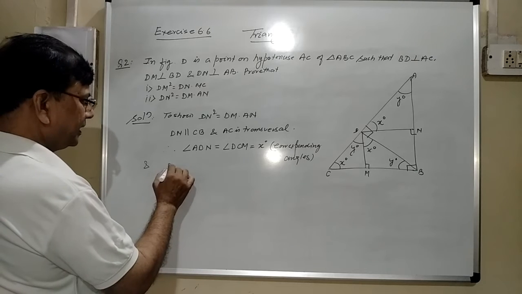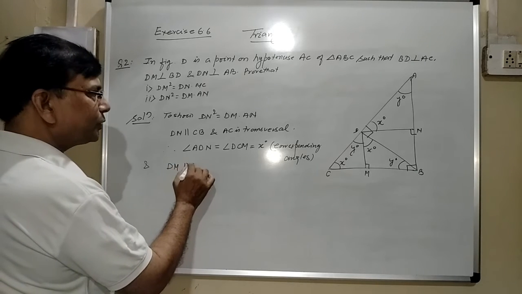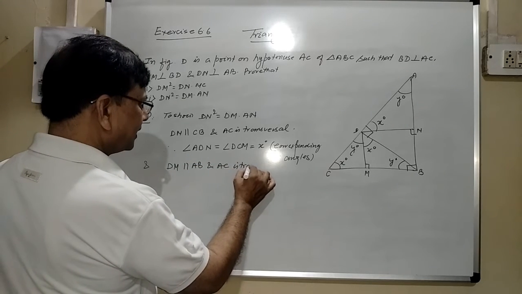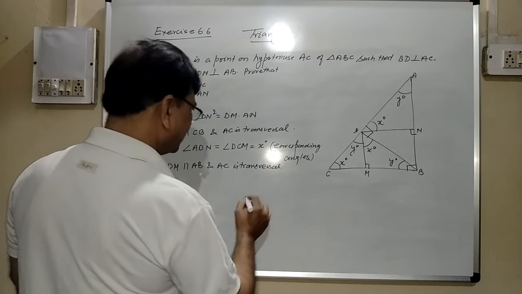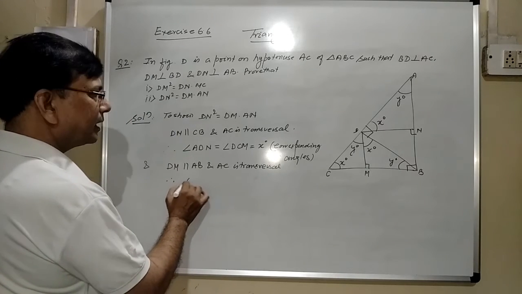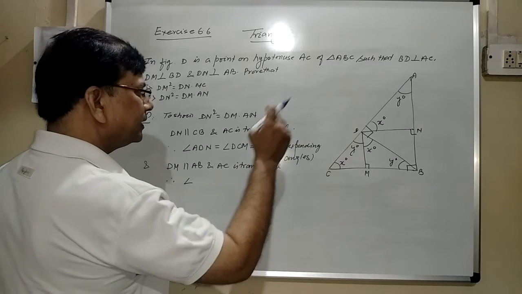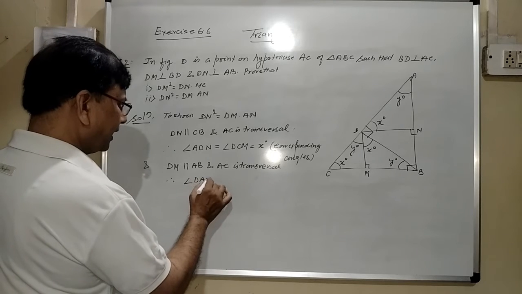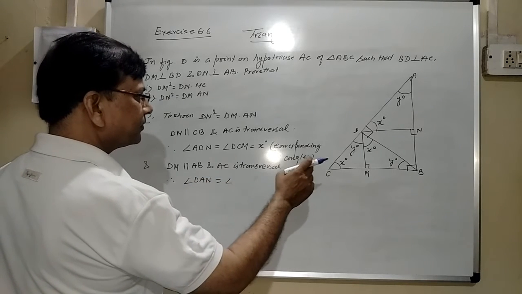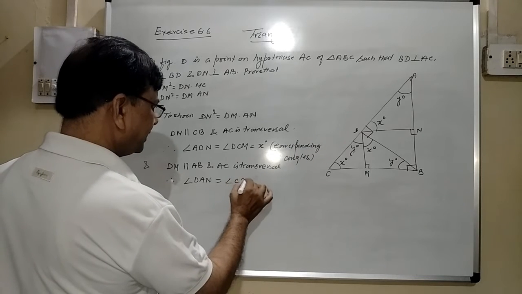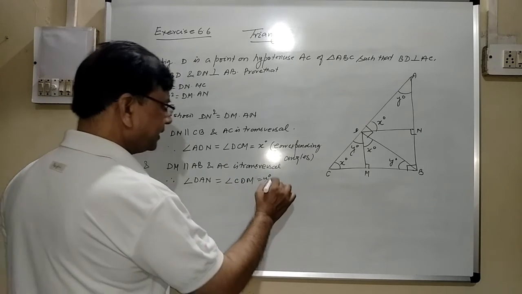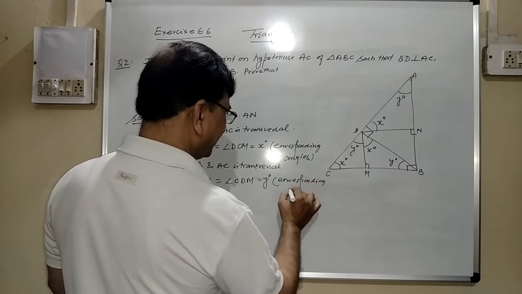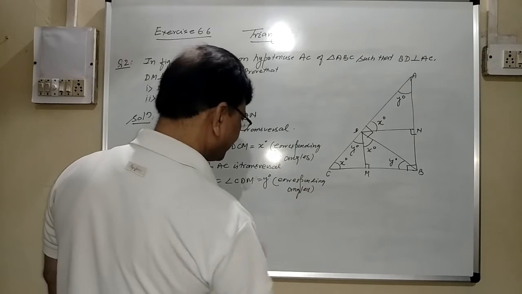And DM is parallel to AB and AC is transversal, therefore angle DAN is equal to angle CDM is equal to y degrees. Again it is corresponding angles.